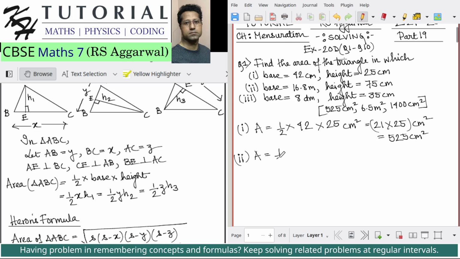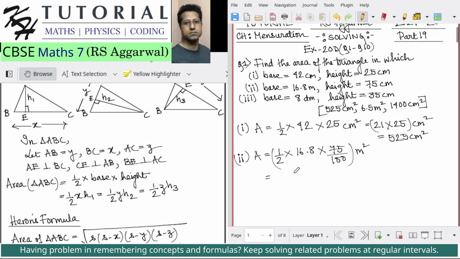So area will be half multiplied by base 16.8 meter multiplied by 75 centimeter. We need to convert that into meter, which will be 75 by 100. 1 centimeter is 1 by 100 meter. So this much meter square.